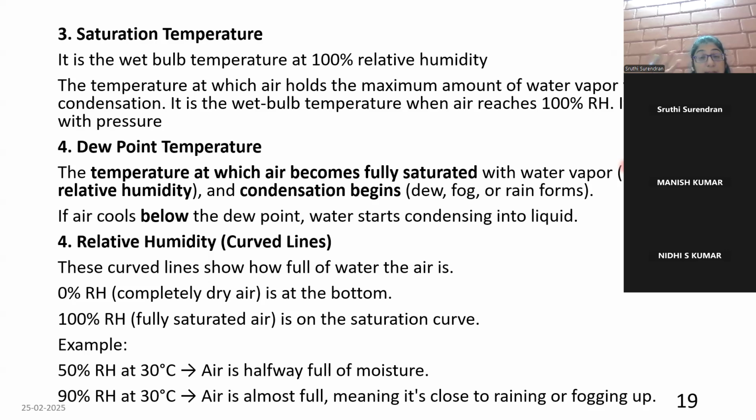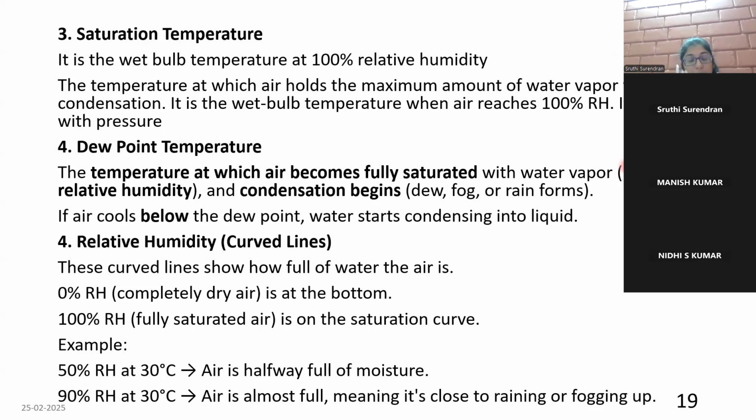The maximum amount of water vapor which is there in the atmosphere without condensation happening is called the saturation temperature. So wet bulb temperature at 100% relative humidity is called the saturation temperature.